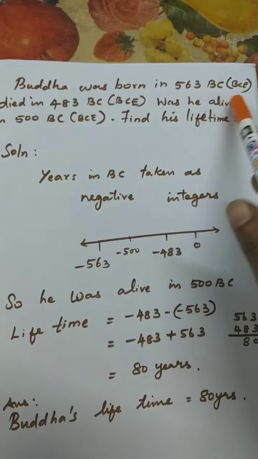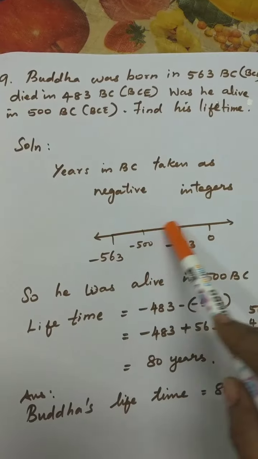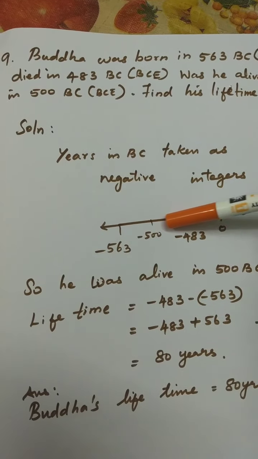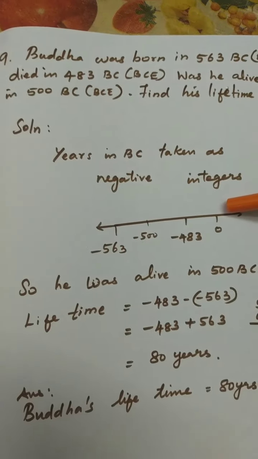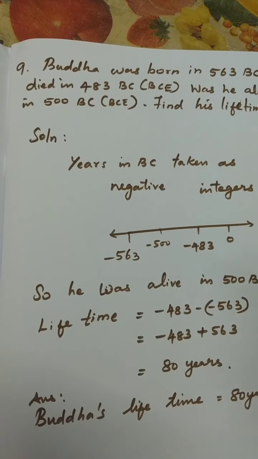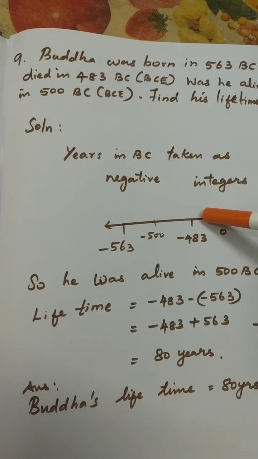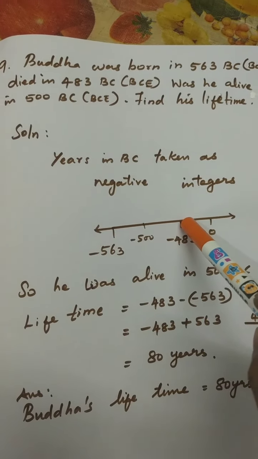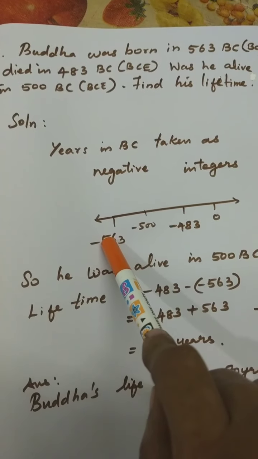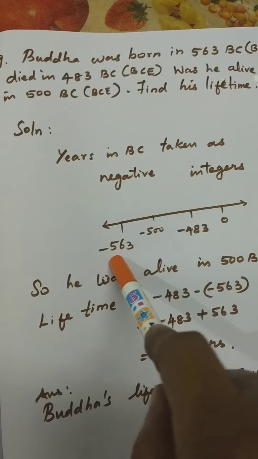We have to take these as negative integers. So you draw a number line. In the number line, from 0 it is decreasing this side and increasing this side. Now he was born in minus 563.